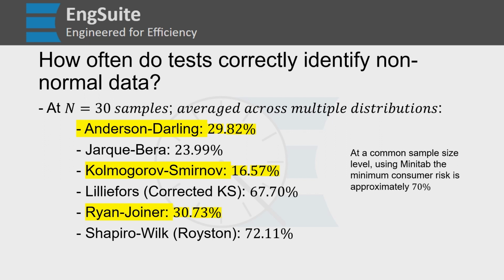But when all we have to do is use a slightly different function in QESuite, the Shapiro-Wilk Royston just makes the Ryan-Joiner look silly at 30 samples, you know? And the Lilliefors makes the KS look just unreasonable. So I just thought this was something really important to point out, that yes, 30% might be okay for some organizations, but with very little effort, we can bring that right up to 72 without collecting any more samples.